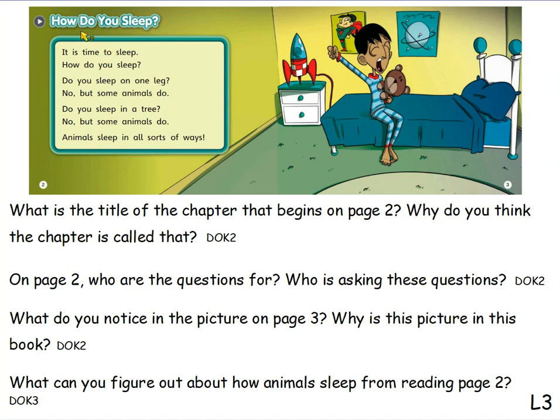Do you think that might be the title of our chapter? How do you sleep? Why do you think the chapter is called that? I'll wait while you write your answer down.